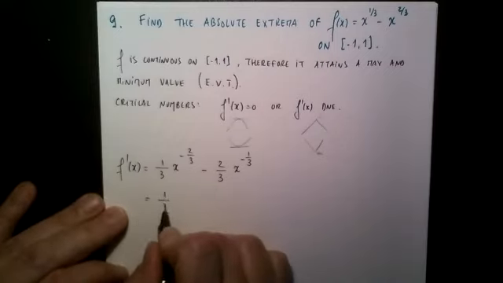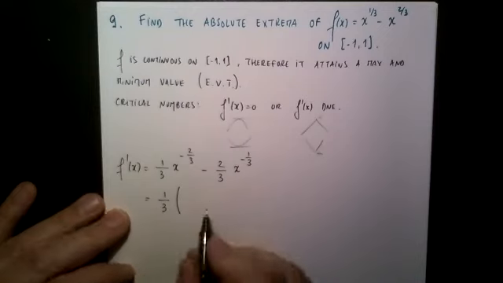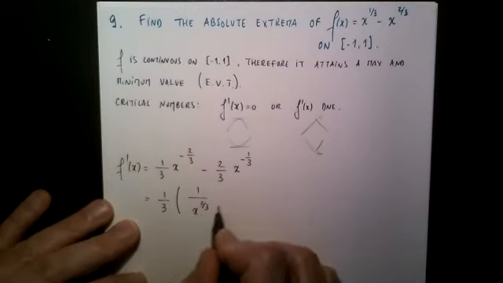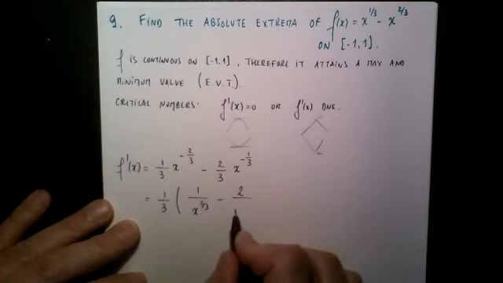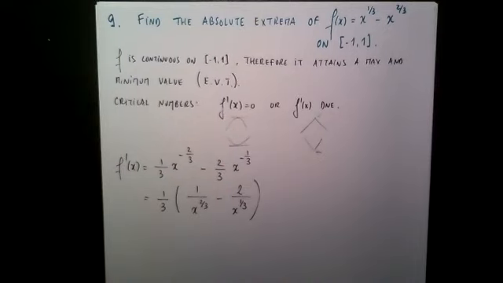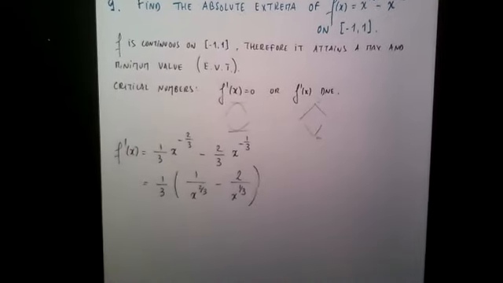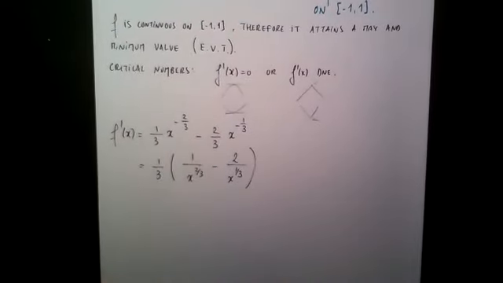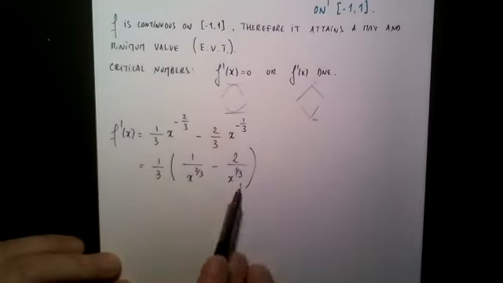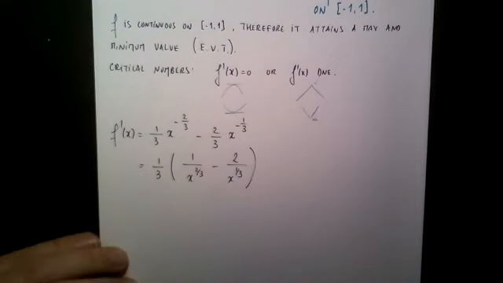I could pull out 1/3 times 1 over x to the 2/3 minus 2 over x to the 1/3. Remember, if you have a negative exponent, it means you can shoot it downstairs. Same here, it goes downstairs. Are you with me? Am I going too fast?